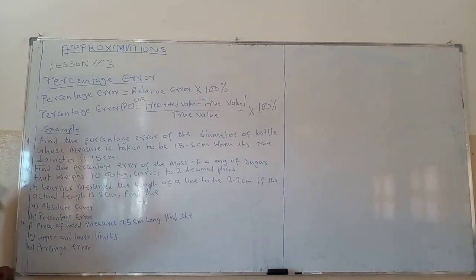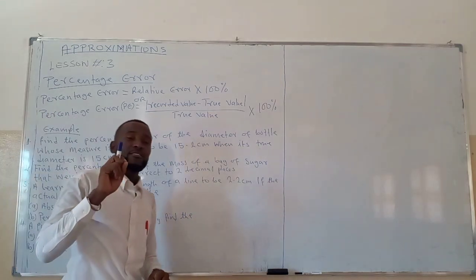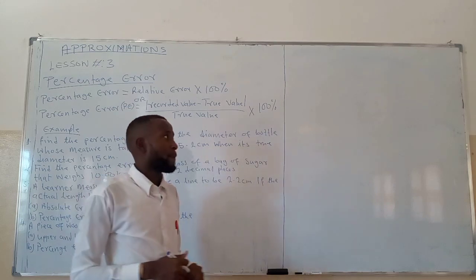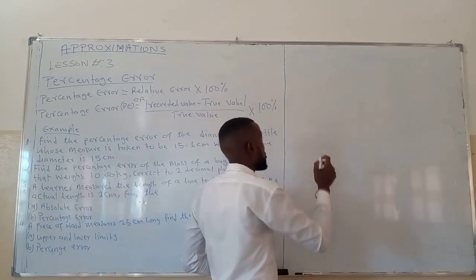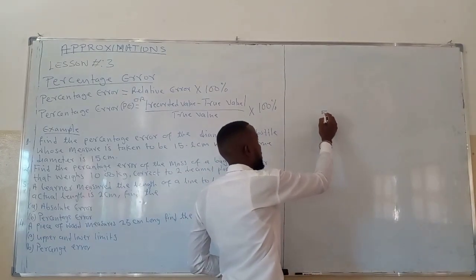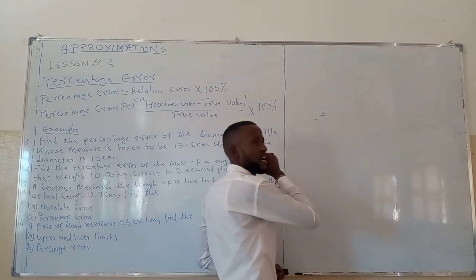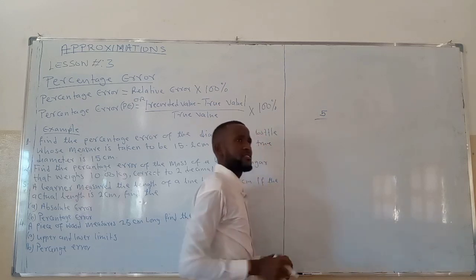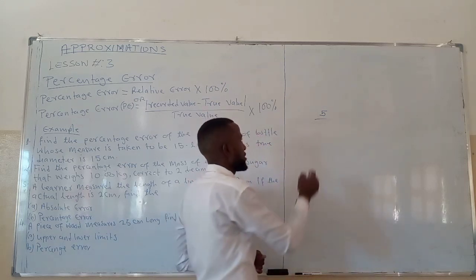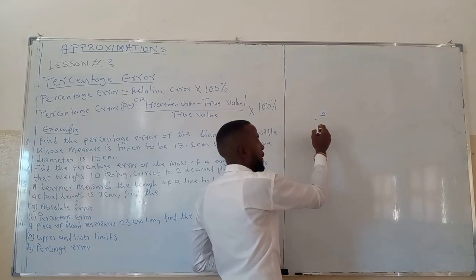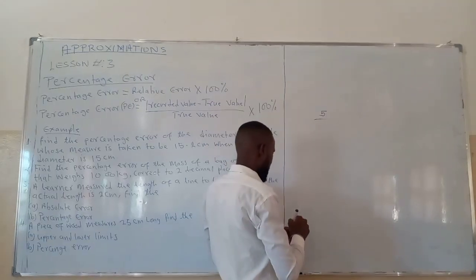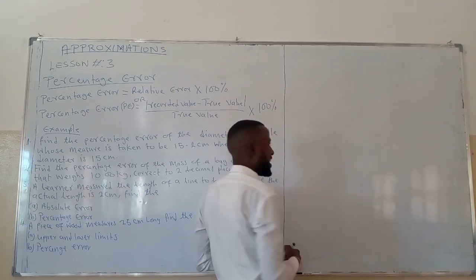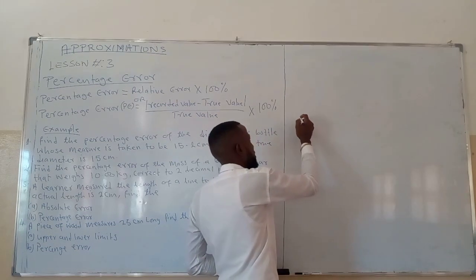Okay, before I forget, in lesson 2 I left an example and said you should finish this work. It was 5 over 500 and something, the answer when we were trying to find the relative error.